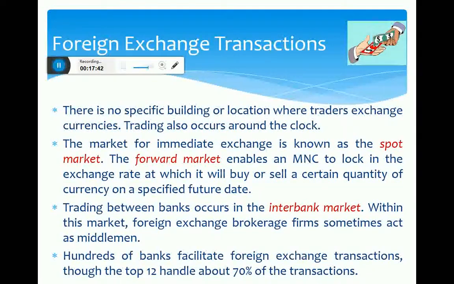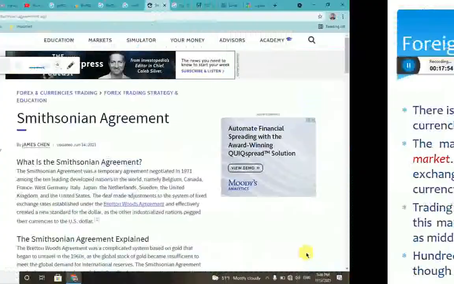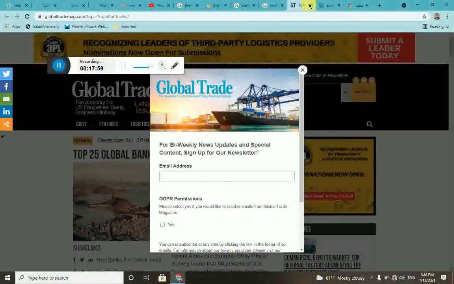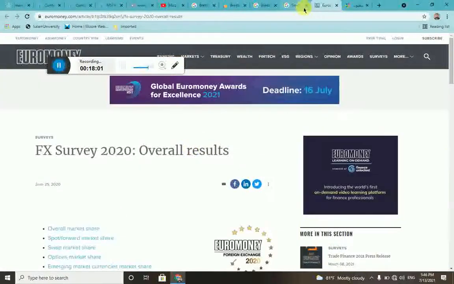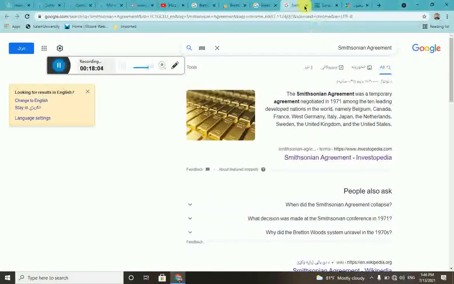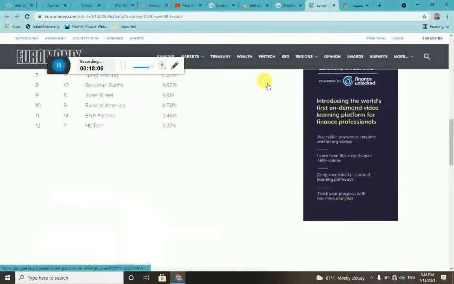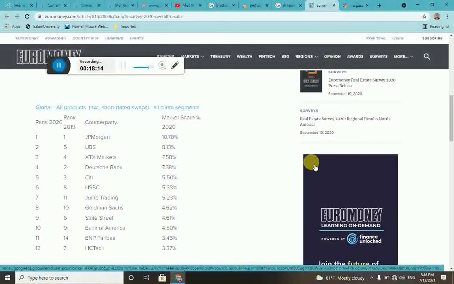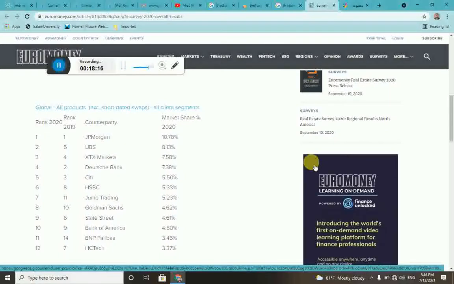Okay, so throughout the world there are about 12 top companies who handle about 70% of foreign exchange transactions. These are basically the names of the companies who own 70% of the transactions of the foreign exchange market.